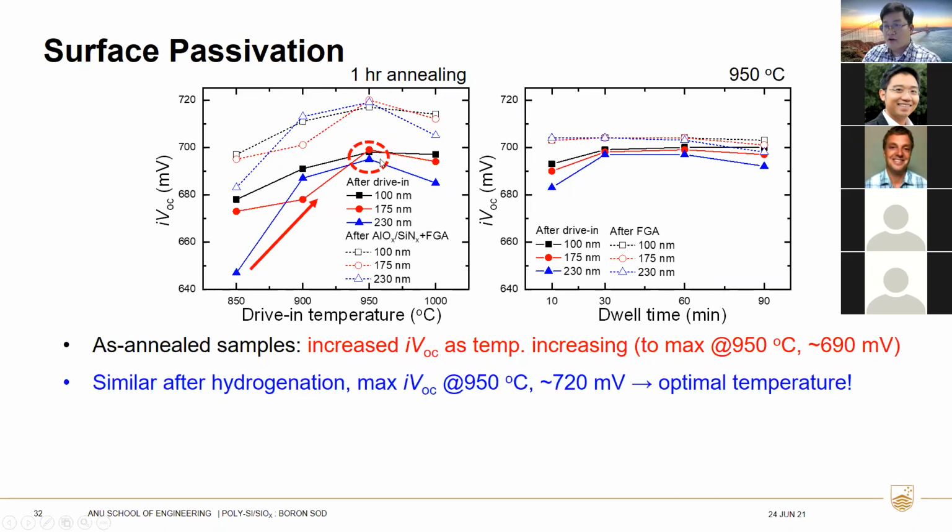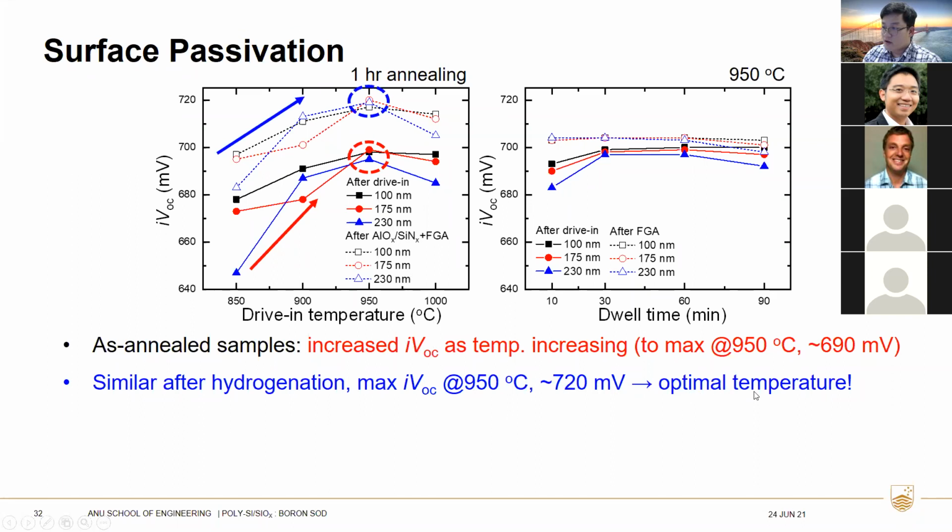A similar trend is also observed in the sample after hydrogenation by alneal and forming gas. Its maximum iVoc is at 950 degrees and reaches a value of 720 millivolts, which is quite high.